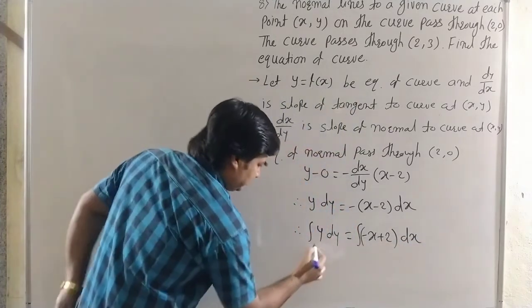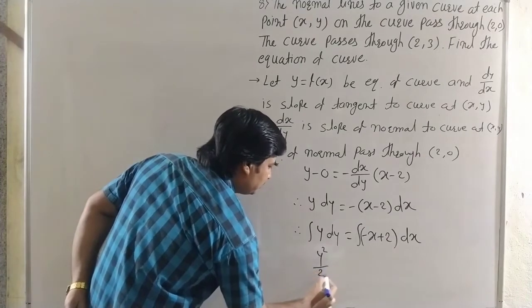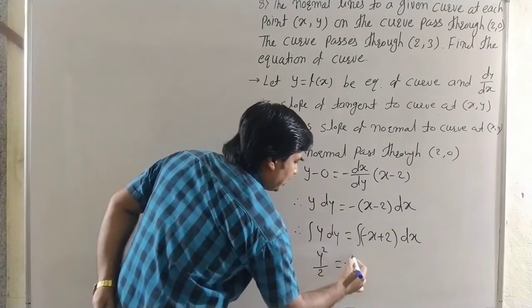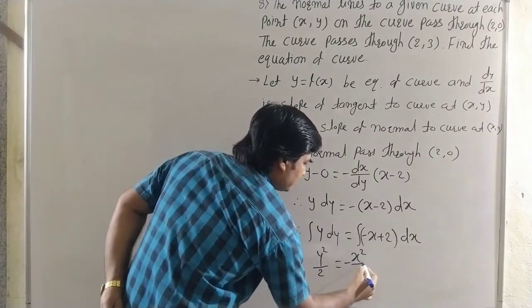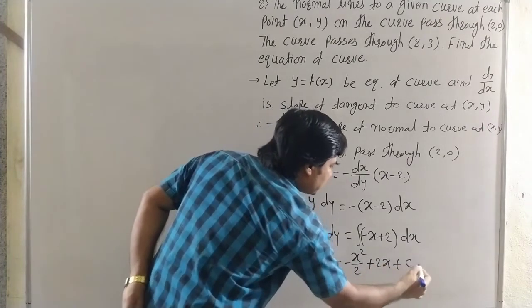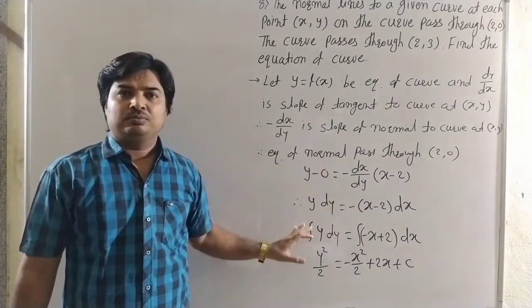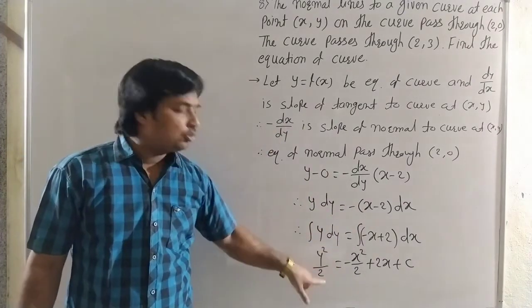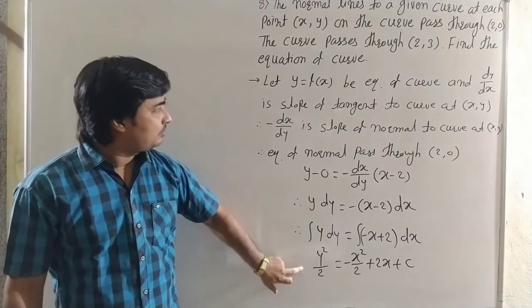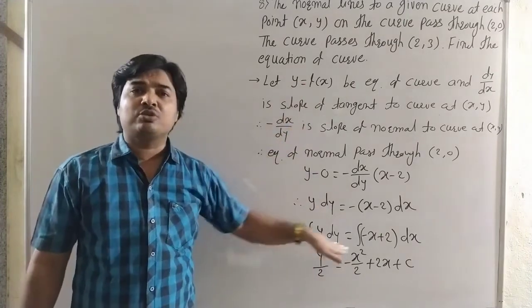Now take the integration: integral of y is y square by 2 is equal to minus x square by 2 plus 2x plus c. It is the general solution of this differential equation, and the solution y is equal to f of x is the equation of the curve.